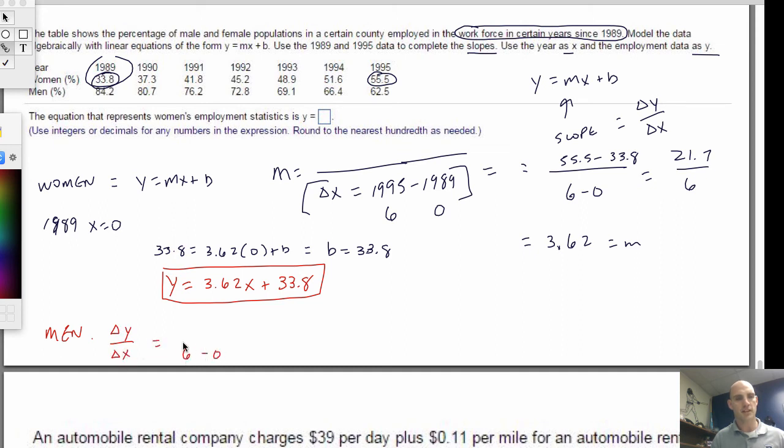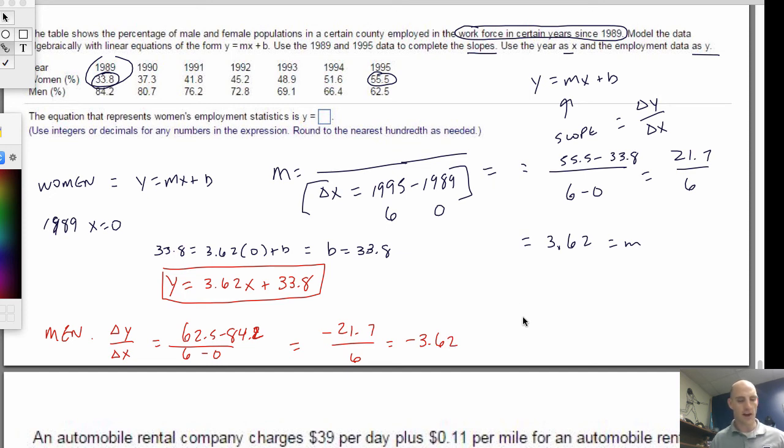On the bottom, it's going to be 6 minus 0 because I'm going to use 1995 and 1989. So I'm going to have 62.5 minus 84.2, so on top minus 21.7, and on the bottom I'm going to have 6. And so that's negative 3.62.